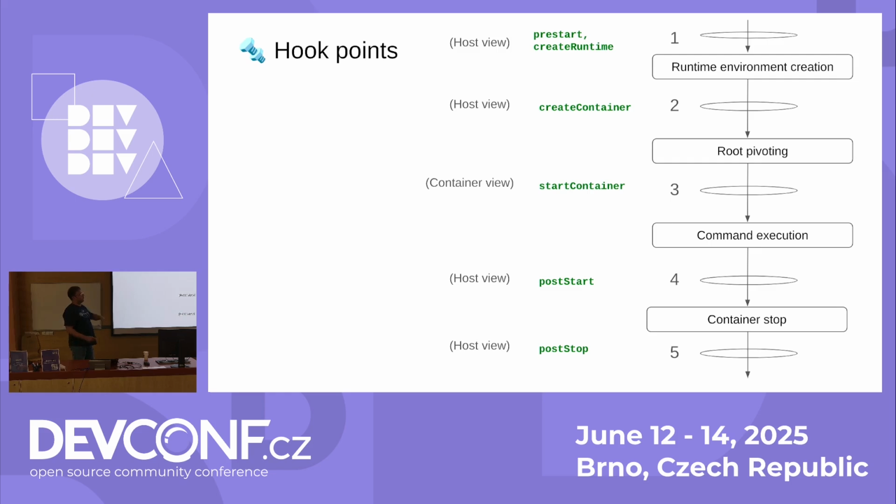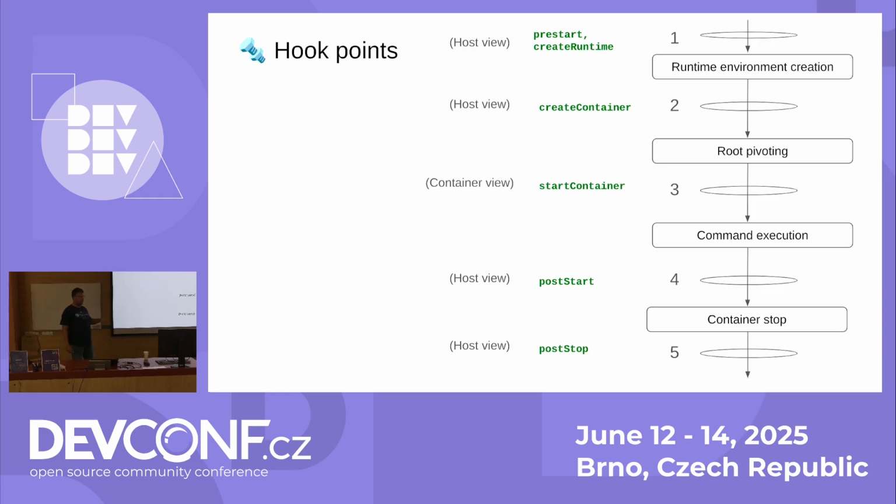This is the very beginning, before the isolation silo is being created. And then the second hook is just before the runtime does chroot into the mount namespace of the container. The start container hook is a special one because this is the only hook that runs from inside the container context and not from the host context.